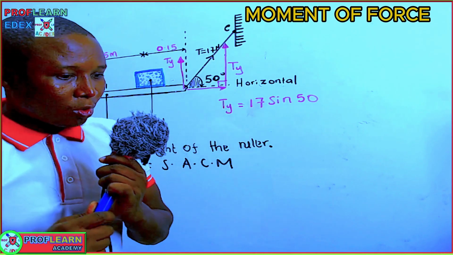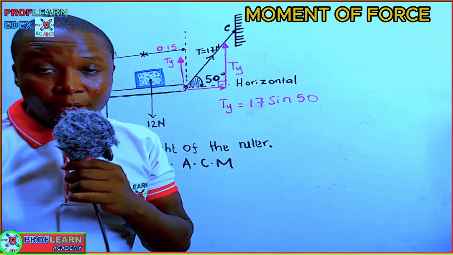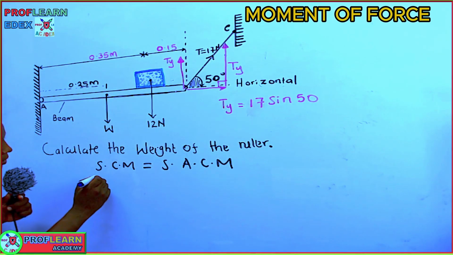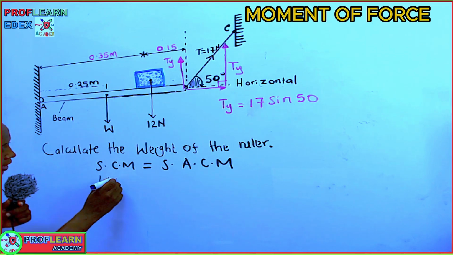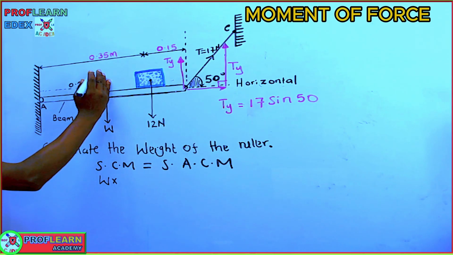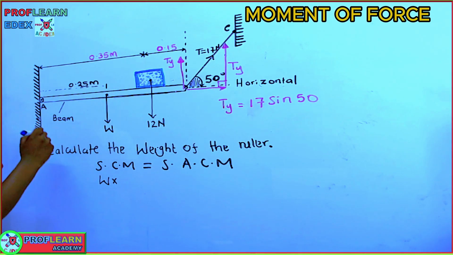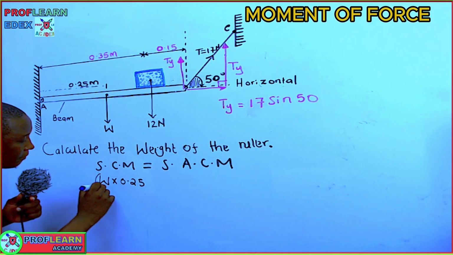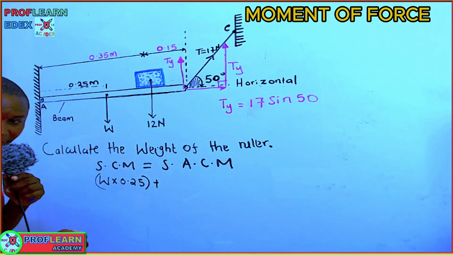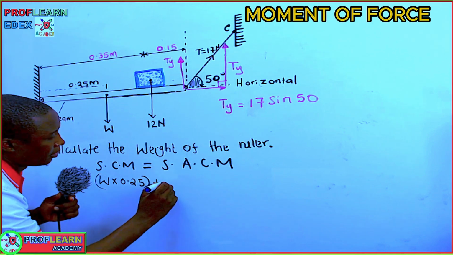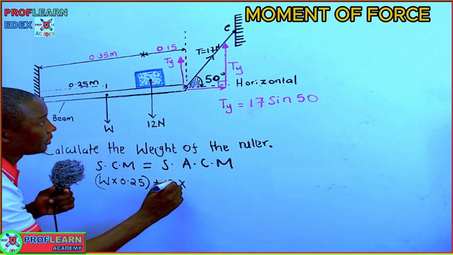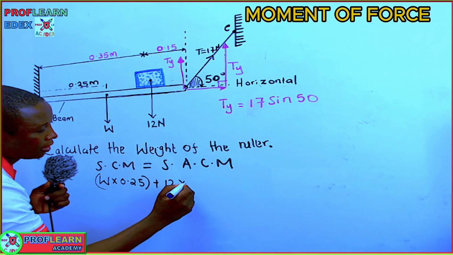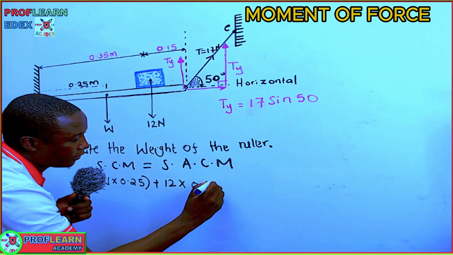So we are going to work out the sum of clockwise moments. That would be W times the perpendicular distance from where the force is acting to the pivot, which is 0.25, plus 12 newtons times the distance from where the weight is acting to the pivot, which is 0.35.